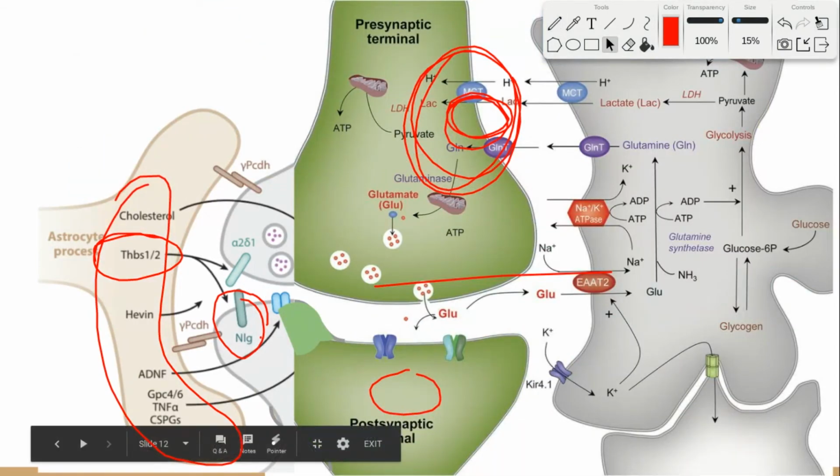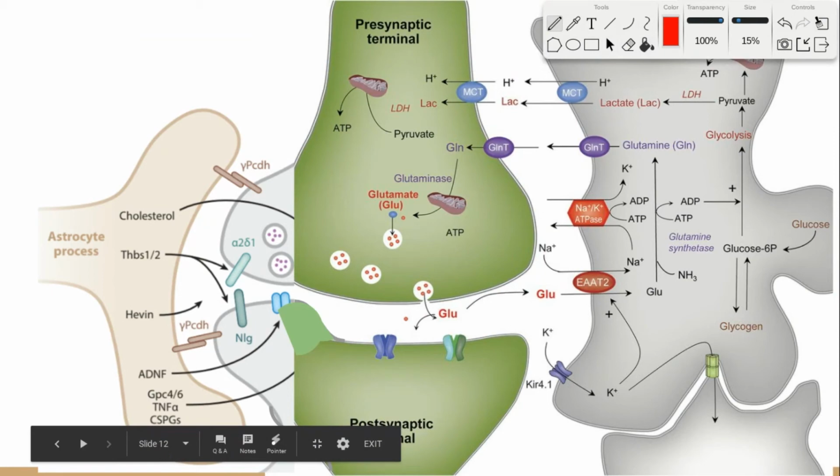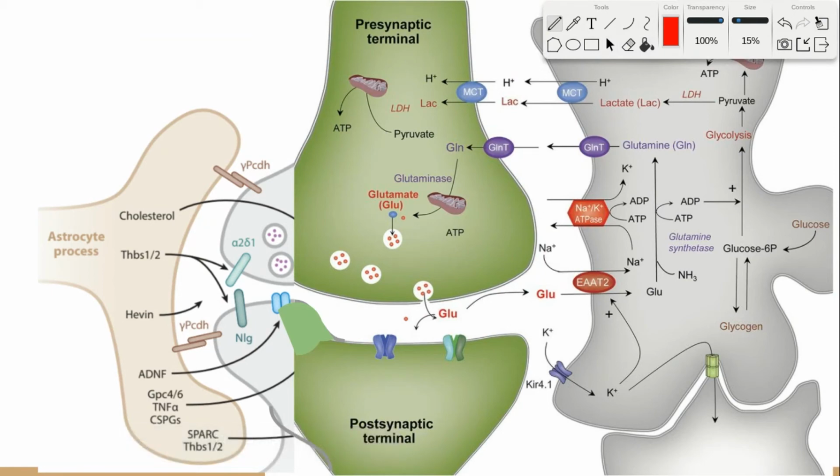Okay, what else do we have here? We also have tumor necrosis factor, TNF alpha, right here. Tumor necrosis factor is really important, and it induces AMPA receptor endocytosis, and it's also been implicated in various neuroinflammatory diseases or pathologies.